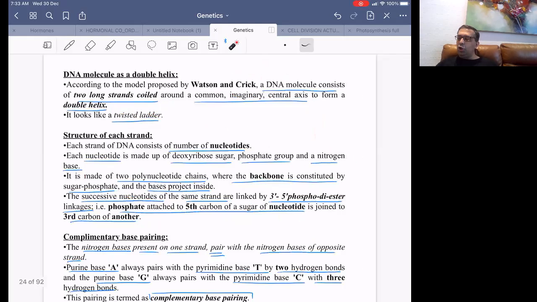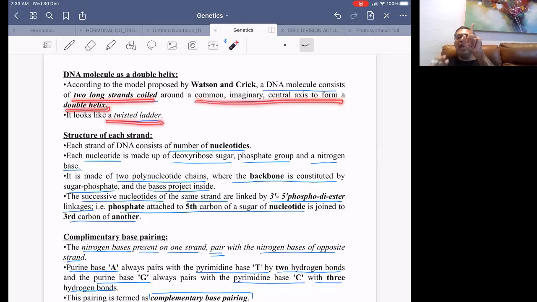What does the DNA show? The DNA molecule as a double helix, according to the model proposed by Watson and Crick: one DNA molecule consists of two long strands coiled around an imaginary central axis to form a double helix, which looks like a twisted ladder.